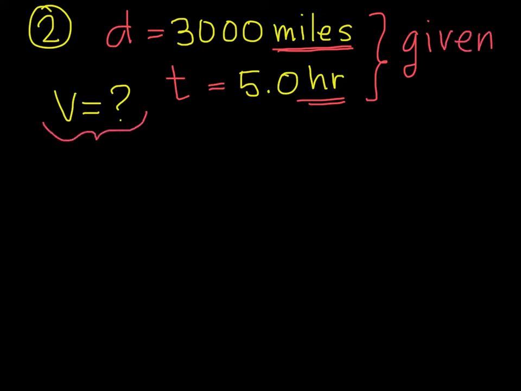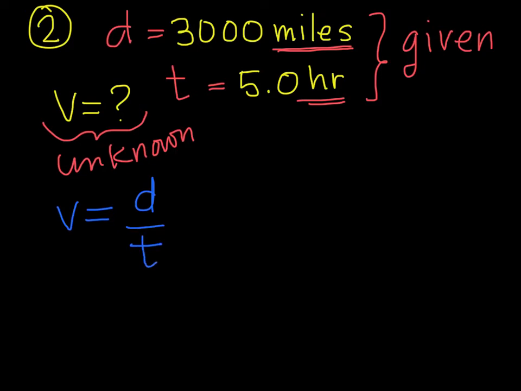Here is my unknown, or desconocido. And so now what we need to do is we need to have our equation. So our equation is still velocity equals distance divided by time. And now we're going to substitute.